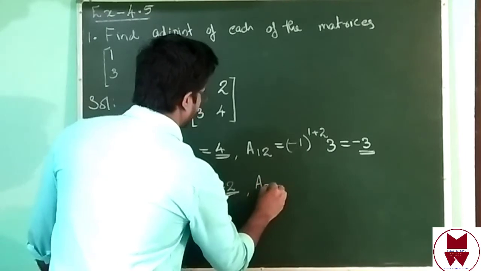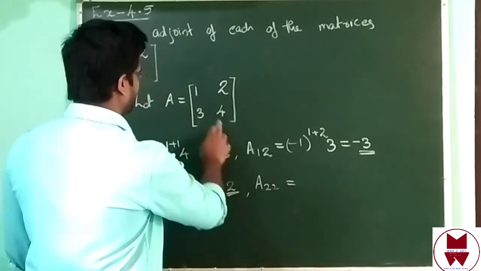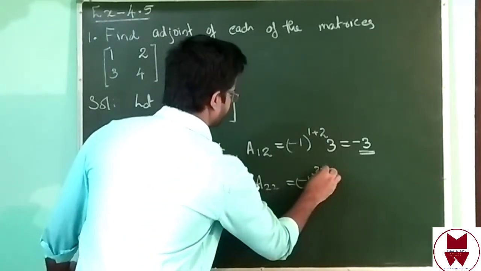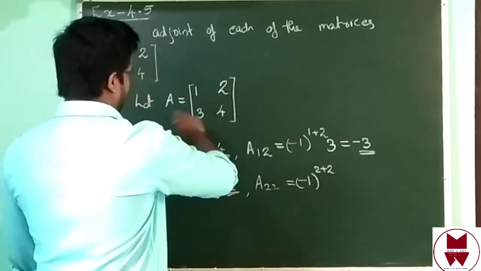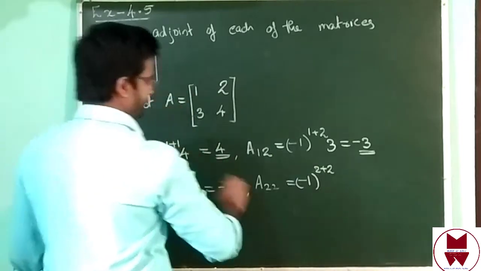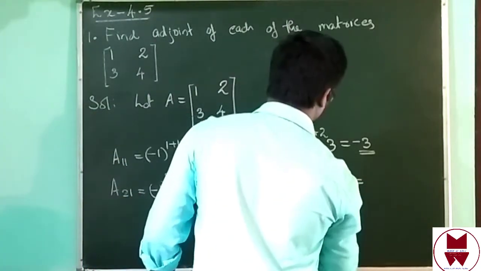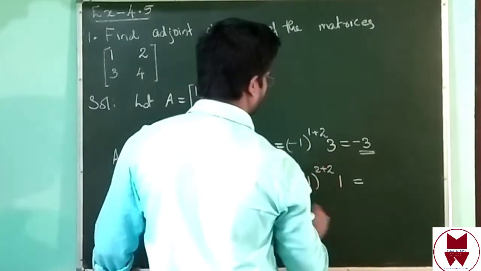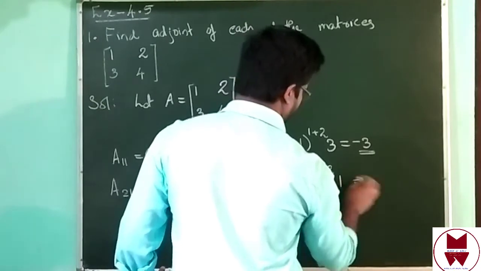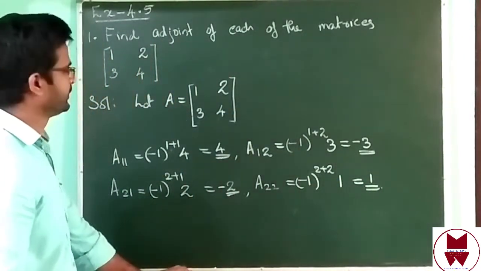Then A22. A22 means second row and second column, this element. First write minus 1 raised to 2 plus 2. Delete the second row and second column. Then what remains? Only 1. Minus 1 raised to 4, that is plus 1, into 1, equal to 1.